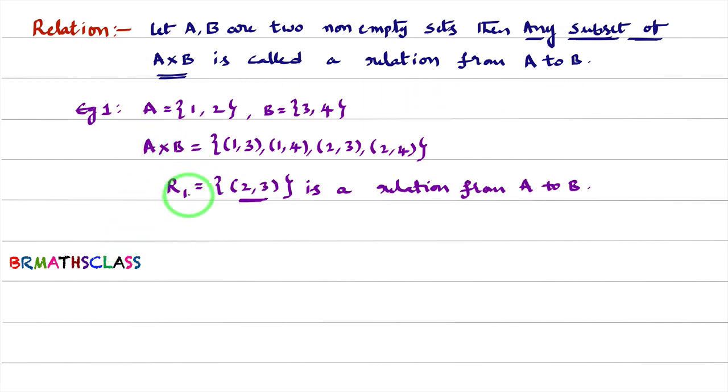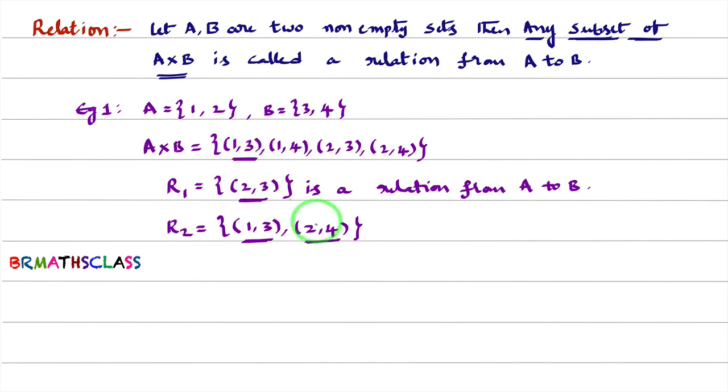Like that, I can write one more relation from A to B. I'll name it R1. And I'll write another relation, R2. How many elements are there in set R2? Two elements: one is the ordered pair (1, 3), another is the ordered pair (2, 4). All the elements present in R2 are present in A cross B. Is (1, 3) there in A cross B?